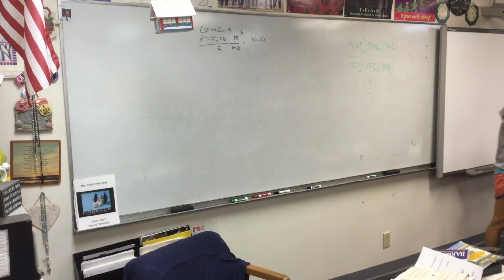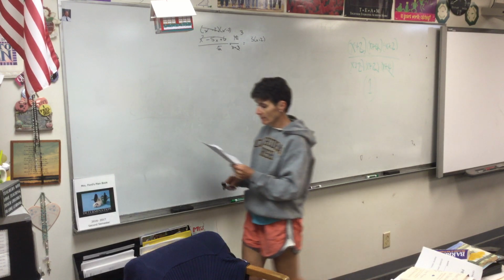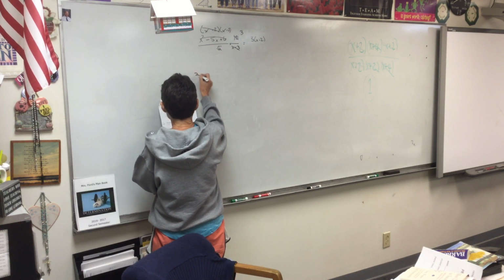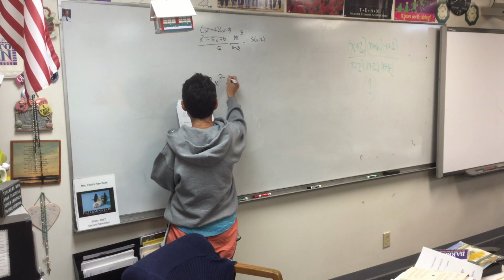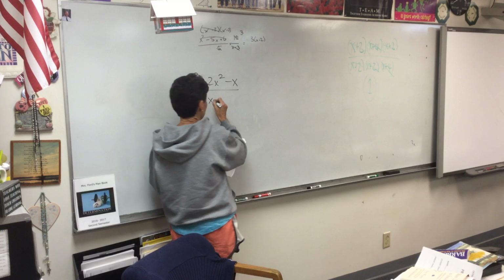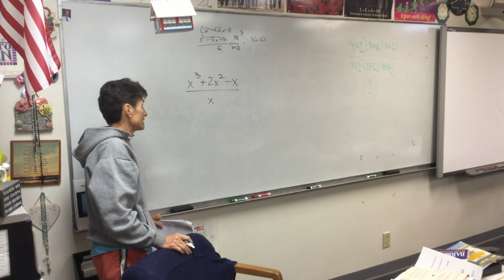It is another quotient section. The only difference is these are written sideways instead of up and down. So number 1 is x cubed plus 2x squared minus x divided by x. That's easy.